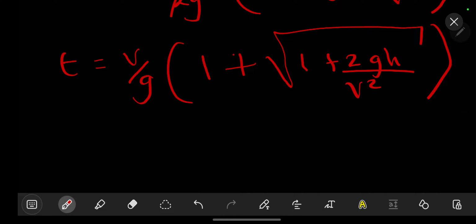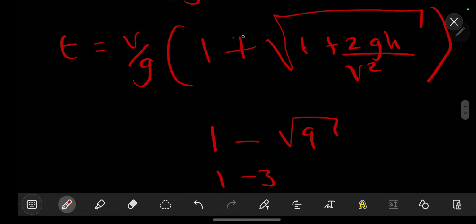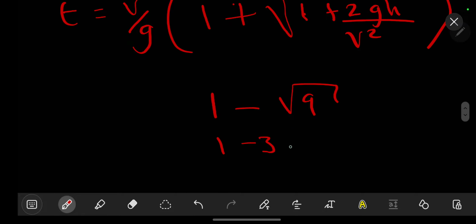Sometimes it could be that, let's say, we have the square root of 1 plus whatever comes out to be 10, and here we have 1 minus 10. Okay, let's just have a perfect number such as 9. 1 minus the square root of that is 3, and if it gives you a negative, which is negative 2, time might come out to be negative. Therefore we are just going to take the positive. So that is how you handle that question.